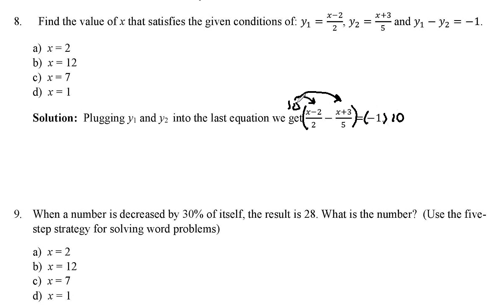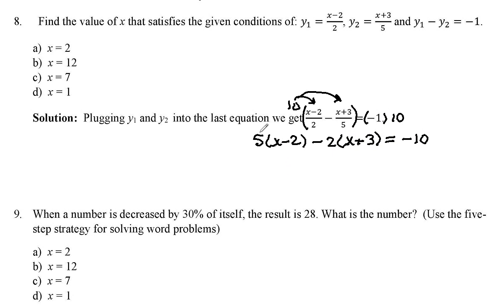So let's see, 2 goes into 10 5 times, 5 times the x minus 2. Minus, let's see, 10 comes in here, 5 goes into 10 2 times, and then 2 times the x plus 3. And then on the right-hand side, negative 1 times 10, negative 10.